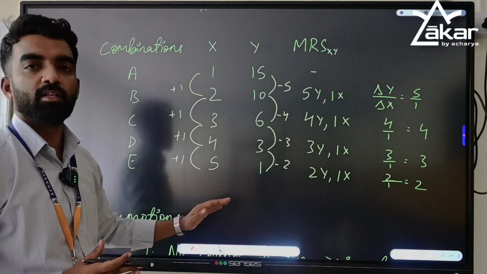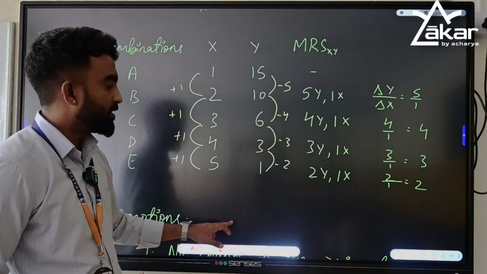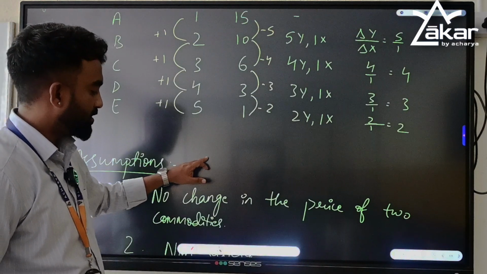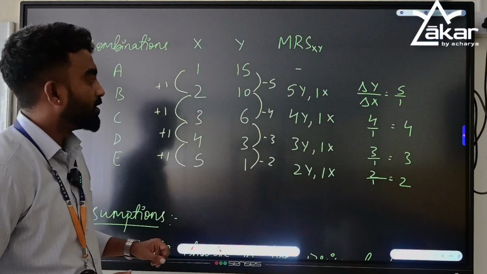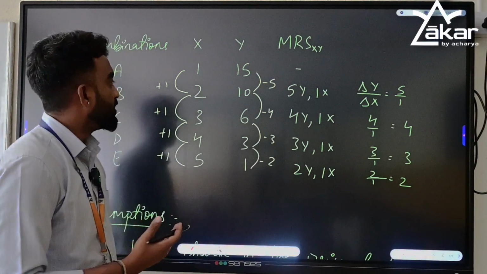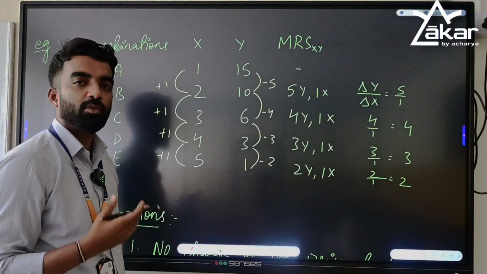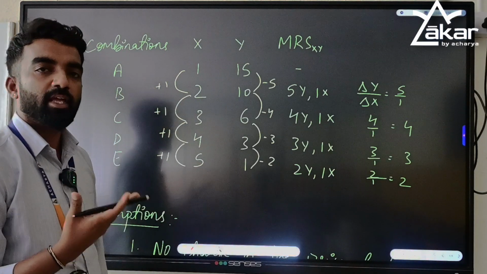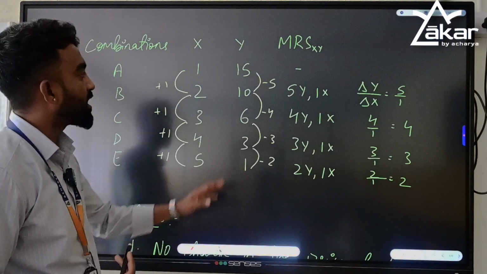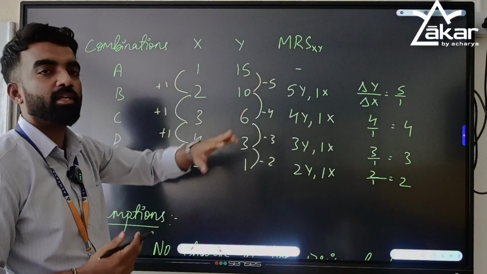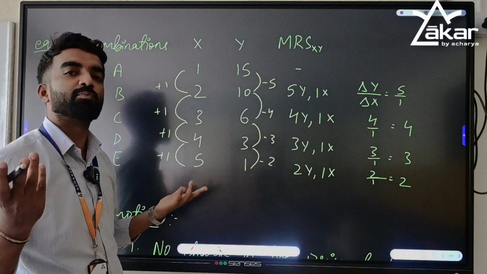It is not equal. Why? What is the answer? As he consumes more units of x, his need for x will start reducing, because earlier he had less of x and more of y, so he was willing to sacrifice more of y.